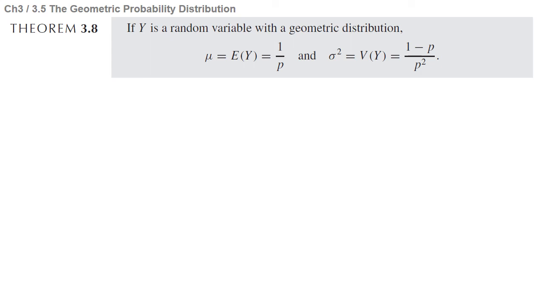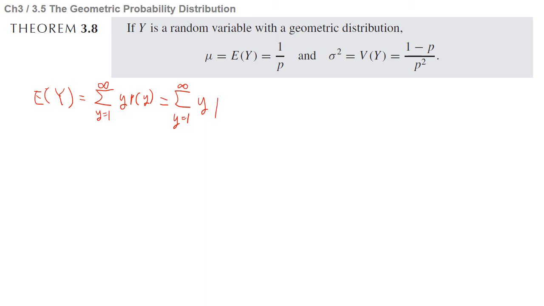We are interested in the expected value of Y, E of Y, and by definition this can be written as the sum from y equals 1 to infinity, because the geometric distribution is defined from 1 to infinity, of y times p(y).